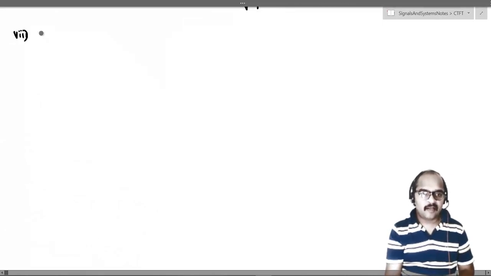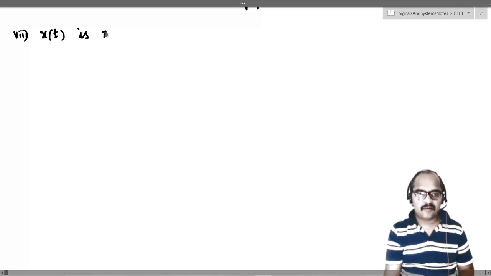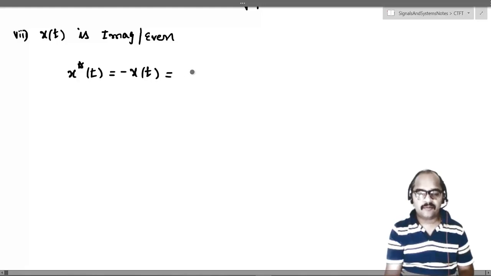So let's move to the next property, which is the seventh one. It says what happens if x of t is imaginary and even. Imaginary means x star of t should be equal to minus x of t, and even means that should be equal to minus x of minus t.